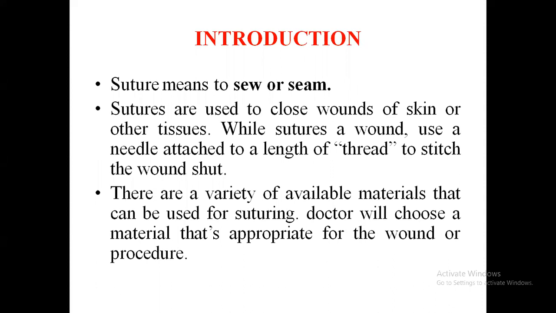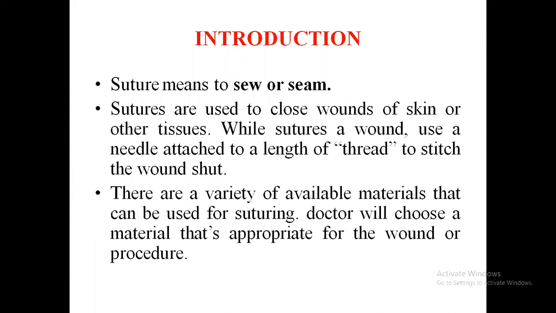First thing, what suture means is something used for sewing, for stitching or seam. Sew and seam mean nothing but stitching. So suturing is used to close wounds. Whenever we have an open wound, the main thing required is suture. With the help of thread and a suture needle, we can stitch that part again.